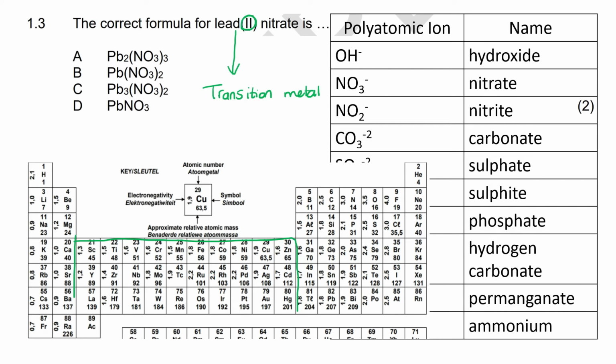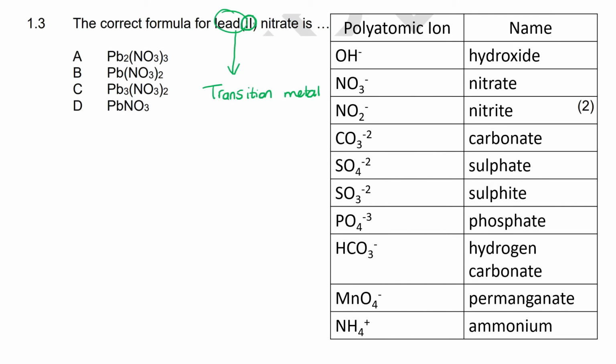Okay, so those are transition metals. Lead is Pb. So where is Pb? Pb. And so what they're trying to tell us is that lead, which is Pb, can have, remember, when it's a transition metal, it can have different charges. It can have +1, it could be +2, it could be +3. They can go up to +4, +5, +6, +7.